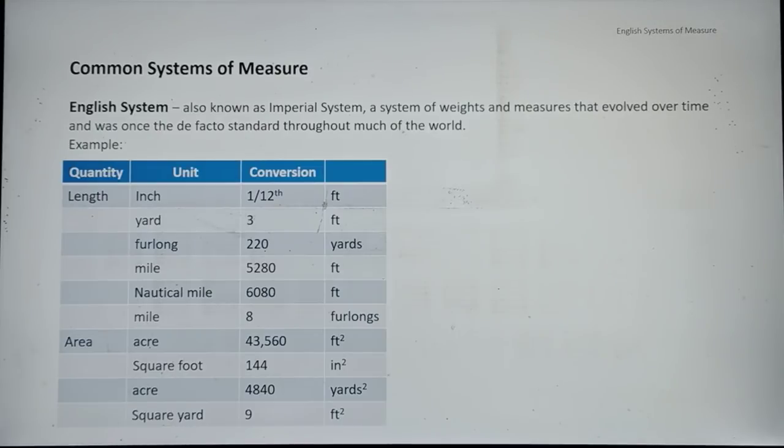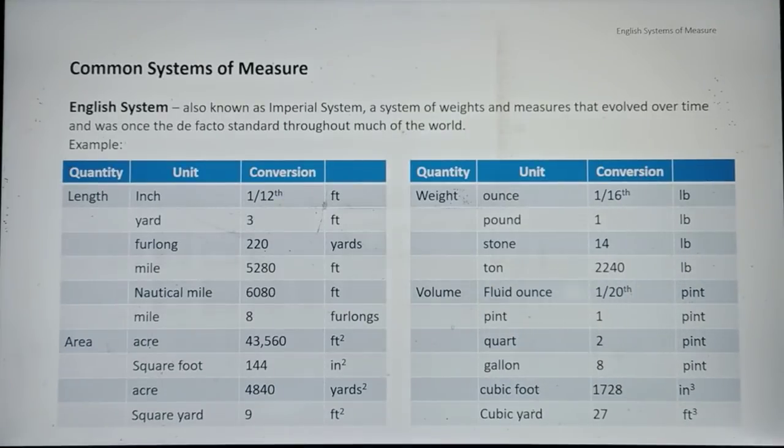Some units of area in this system are acre, square inch, square foot, and square yard. Some units of weight in this system are ounce, pound, stone, and ton. Some units in this system are fluid ounce, pint, quart, cubic inch, and cubic foot for volume.